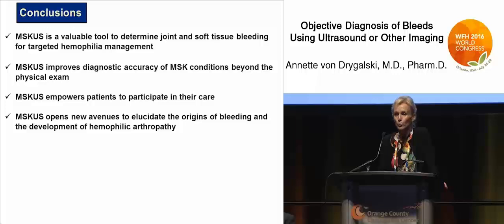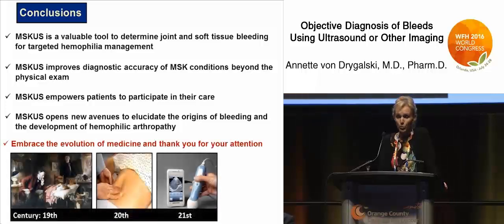It empowers patients to participate in their care, and it opens new avenues to elucidate the origins of bleeding and the development of hemophilic arthropathy. So with that, embrace the evolution of medicine, and thank you for your attention. Think back to 200 years earlier, we just looked at patients, then at some point we started to palpate, and now we are sending them home with pocket ultrasounds.